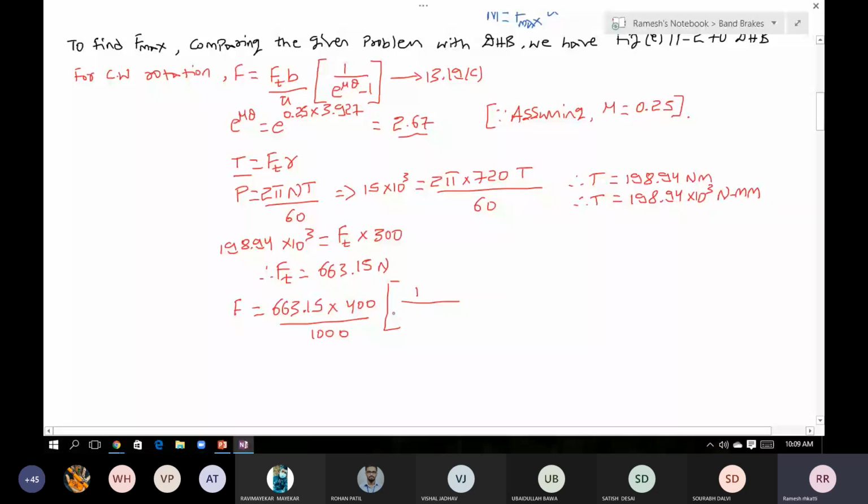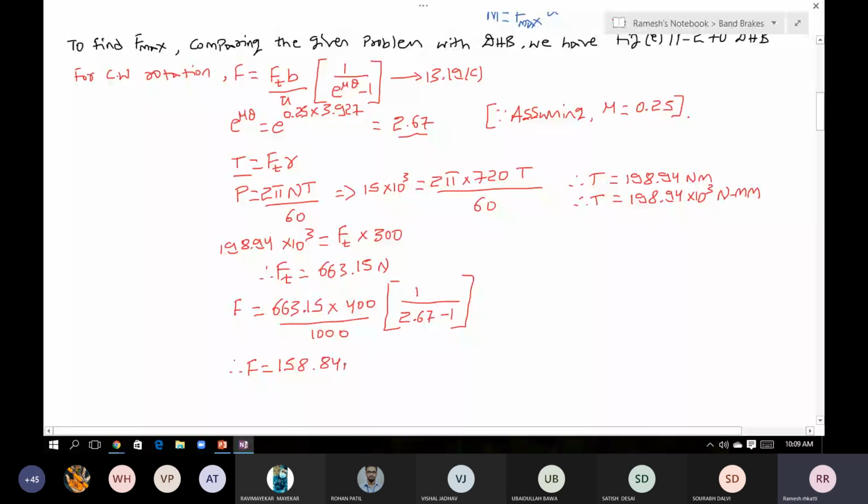Calculate this and the force will be 158.84 Newton. This is the force which you will be getting when the drum is rotating in clockwise direction.